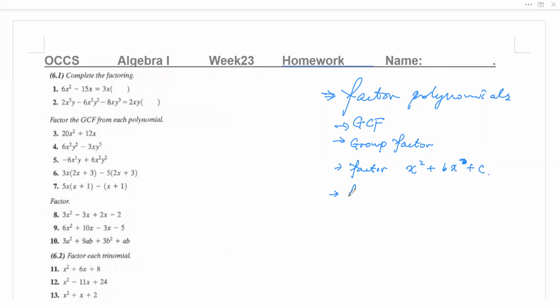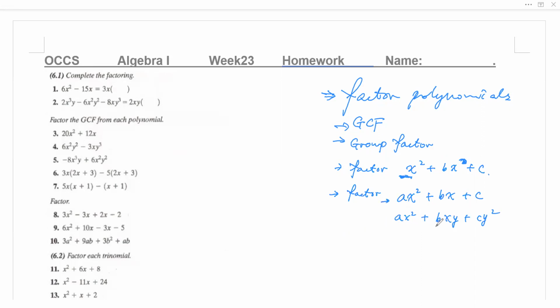And last week, we focused on when the coefficient in front of the high term is not 1, ax squared plus bx plus c, these kinds of situation, right? So actually, there are some more specific situations, like b, c, y squared, right? We only focus on this part.